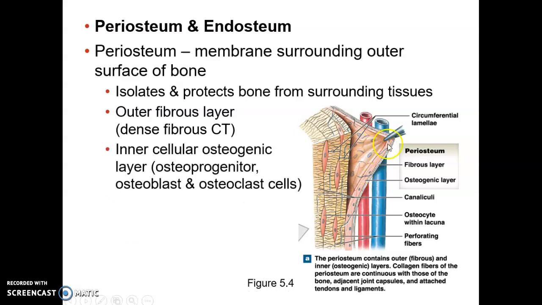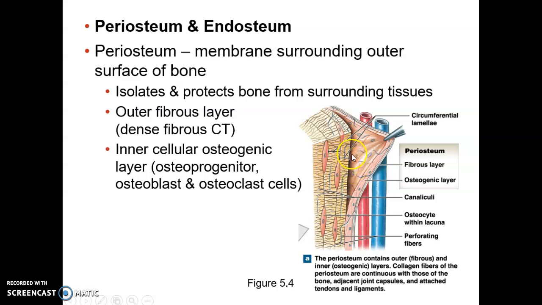The inner layer is called the cellular osteogenic layer, here in pink. And here we have a population of osteoprogenitor, osteoblast, and osteoclast cells. And if you remember from a little bit earlier, the osteoprogenitor cells are stem cells that can differentiate into osteoblasts. They would build bone by secreting osteoid.